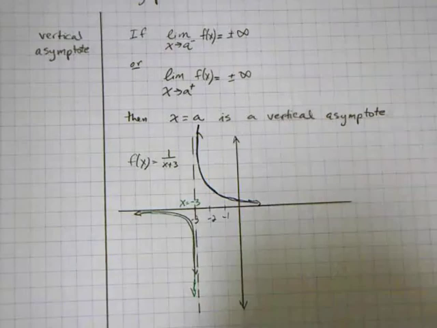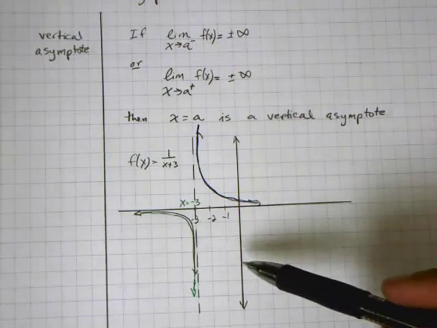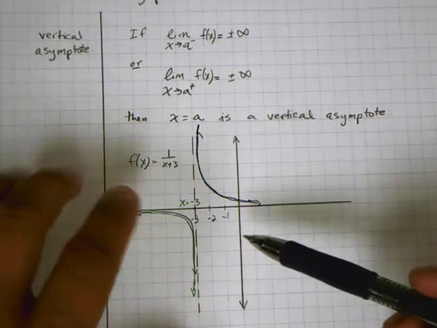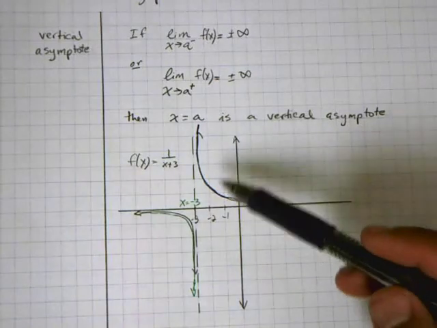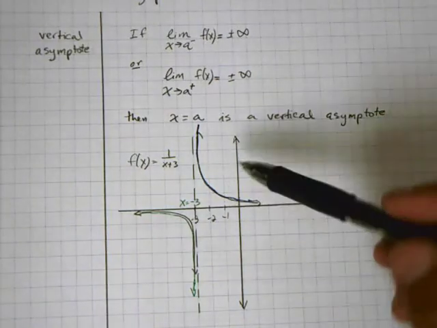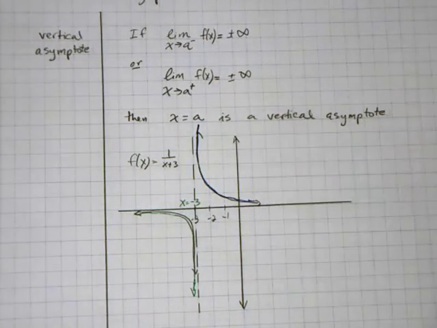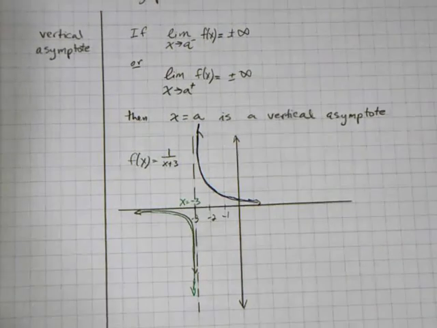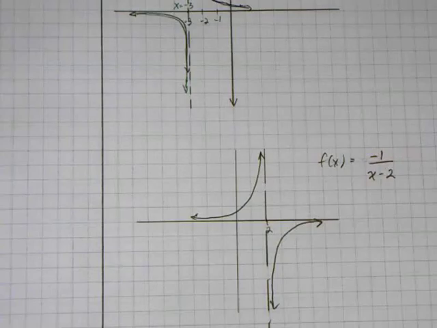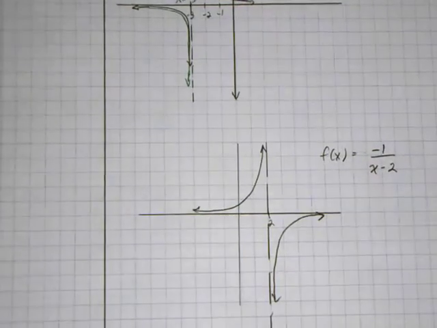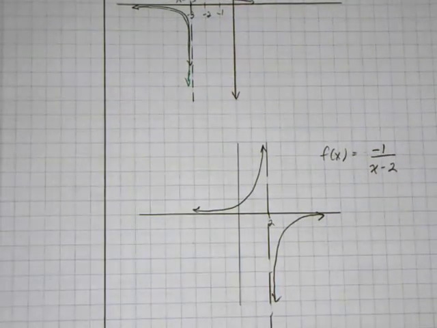If I had this graph rotated, if I had a different graph where the picture was turned around, it would approach negative infinity, going from right to left. And I'll show you a picture of that graph in just a minute. Okay, so now here I have another graph, f of x equals -1 over x minus 2.